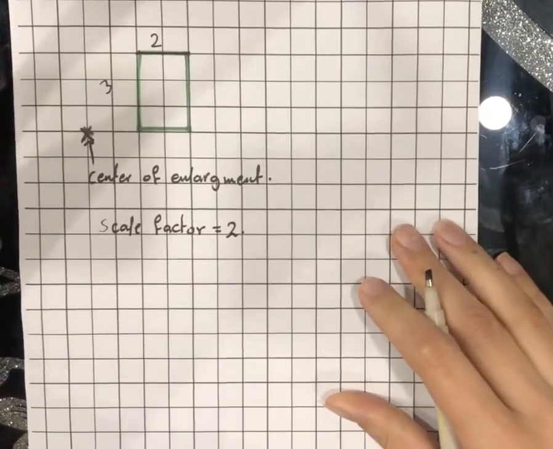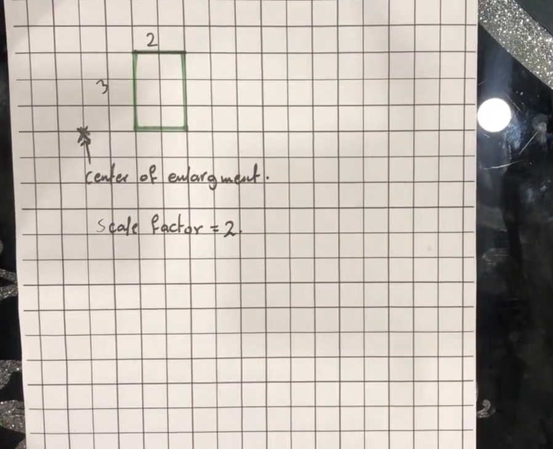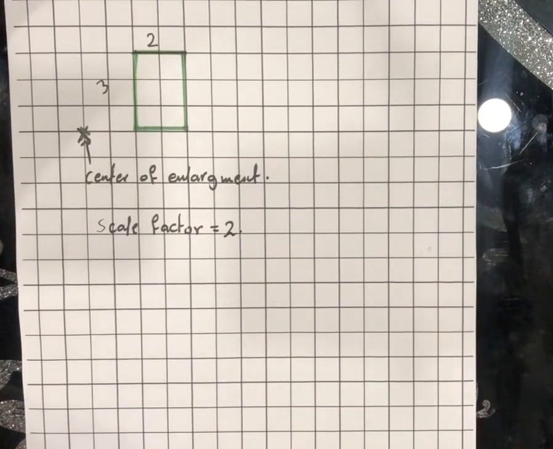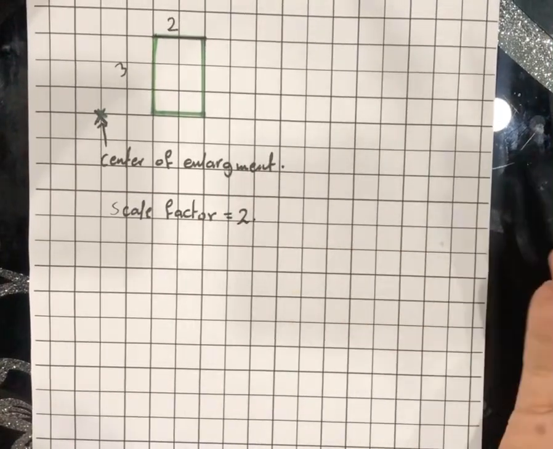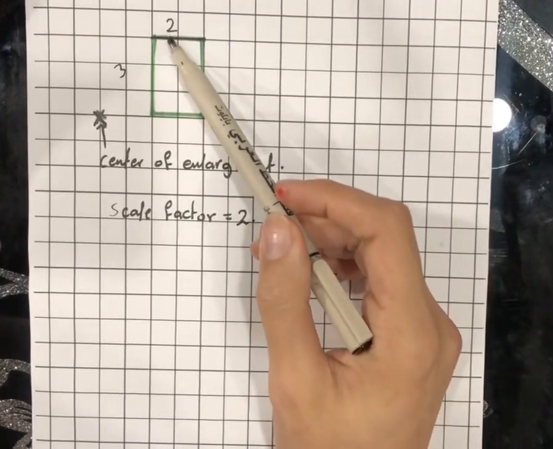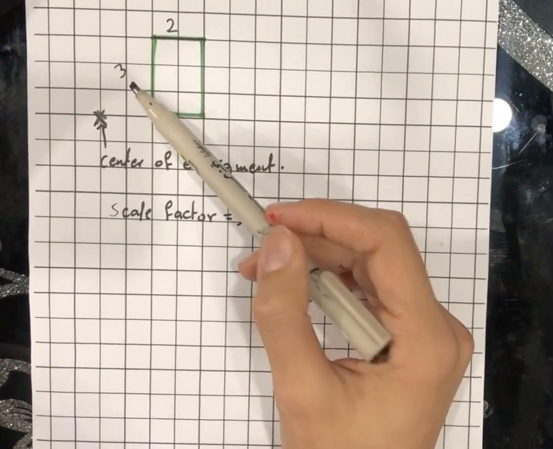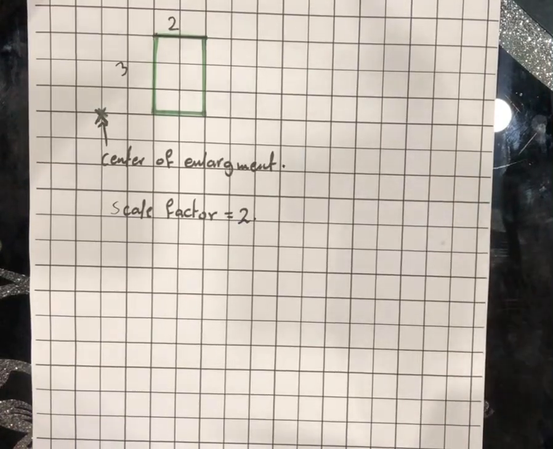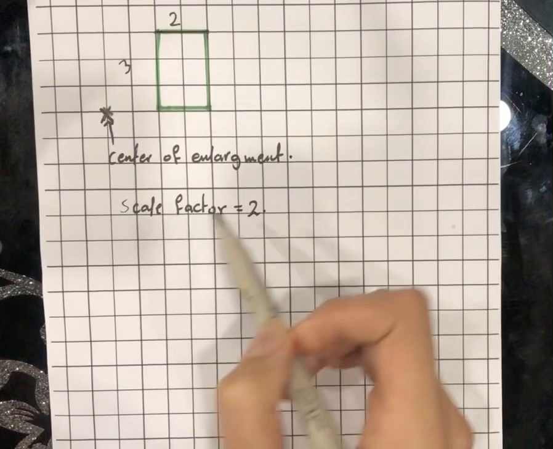How will I use these numbers and these terms in my enlargement? First of all, I need to find the new length for my rectangle. Now, when I draw my image, the width will not be 2 centimeters and the length will not be 3 centimeters. The length and the width will change based on my scale factor.